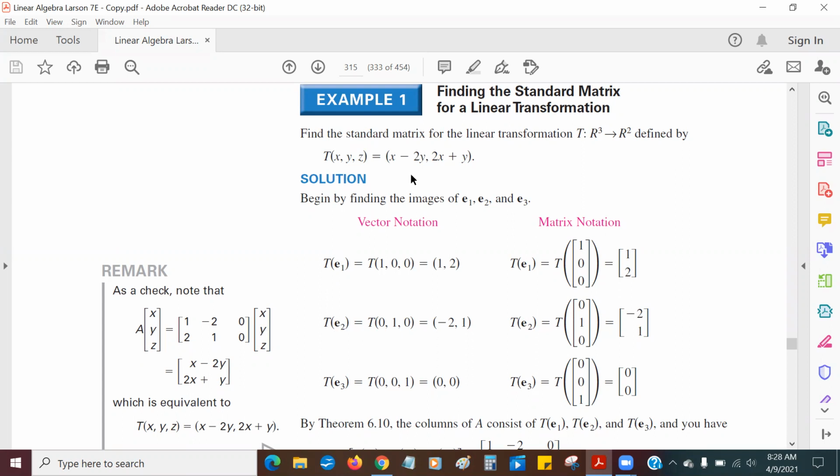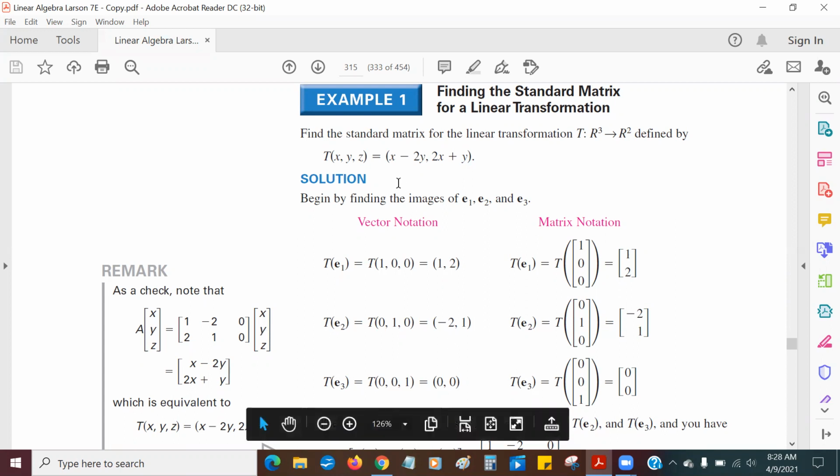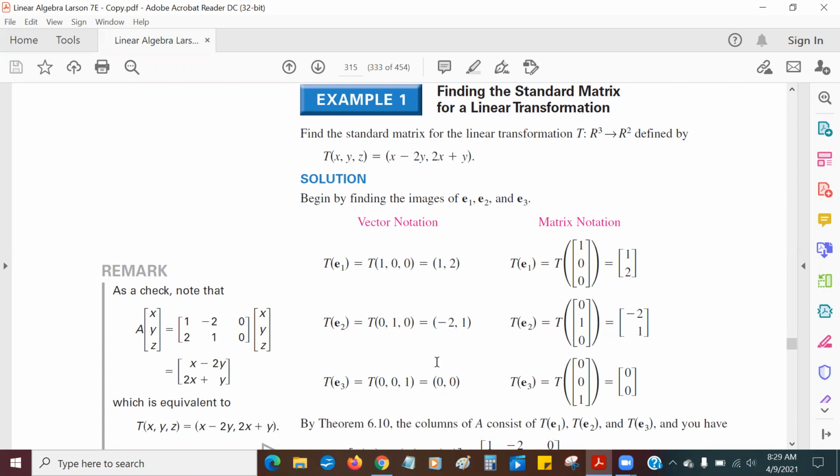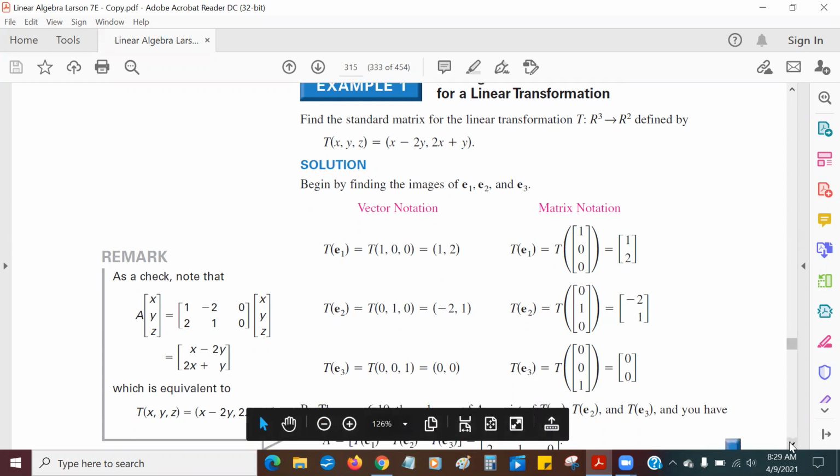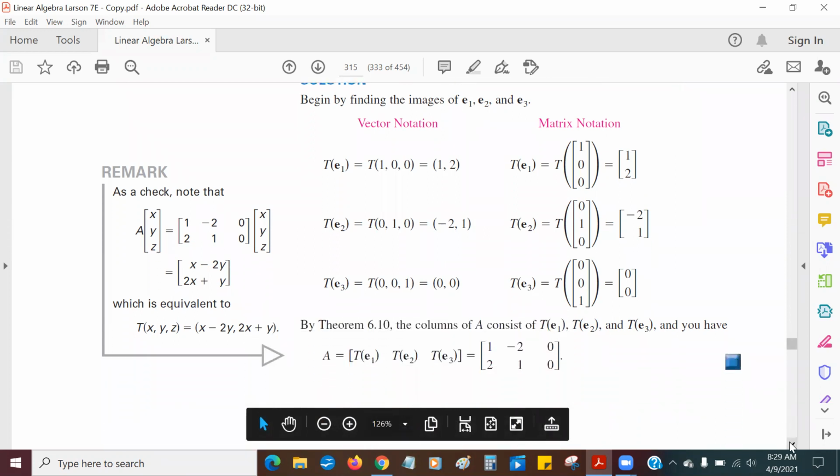Take E2, stick that in here, and we get 0 minus 2, 0 plus 1, which gives us (negative 2, 1). And for E3, 0 minus 0, 0 plus 0, so it's just (0, 0). So these are T of E1, T of E2, T of E3, these guys right here.